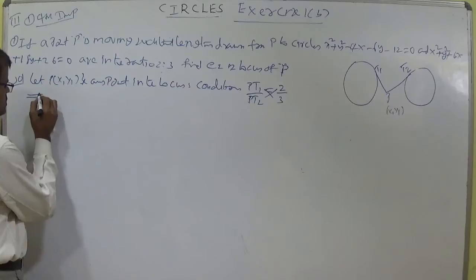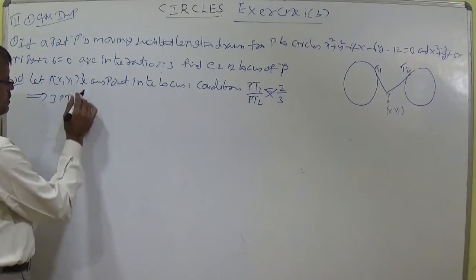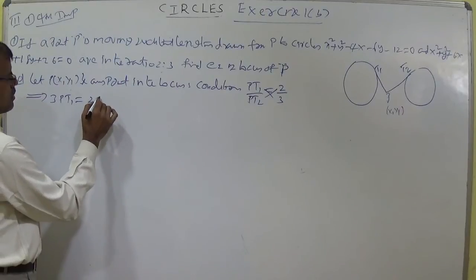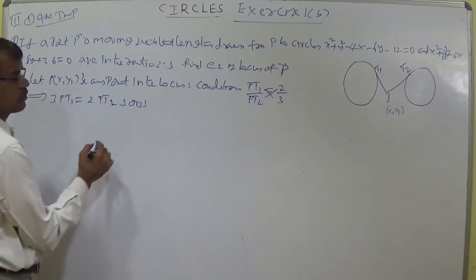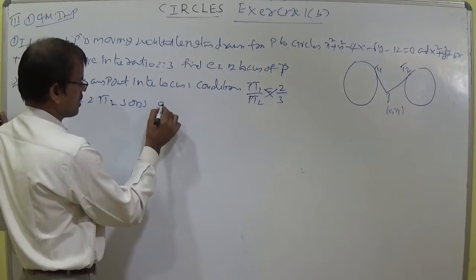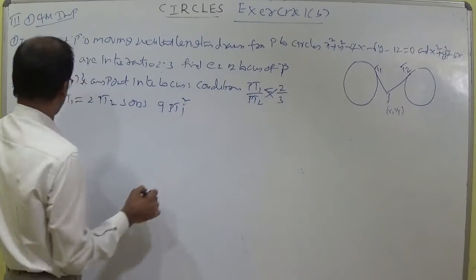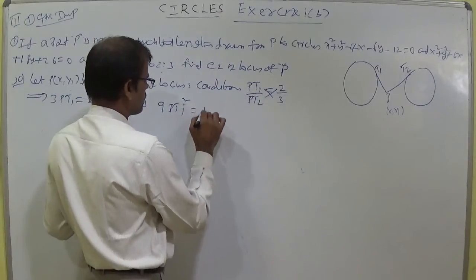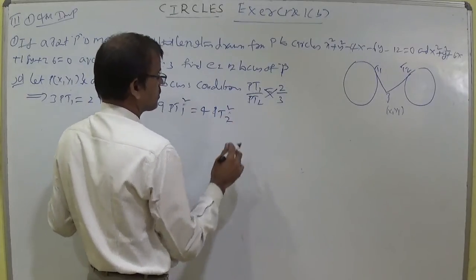That implies, by cross multiplication, 3PT1 equals 2PT2. By squaring both sides, we get 9PT1 square is equal to 4PT2 square.